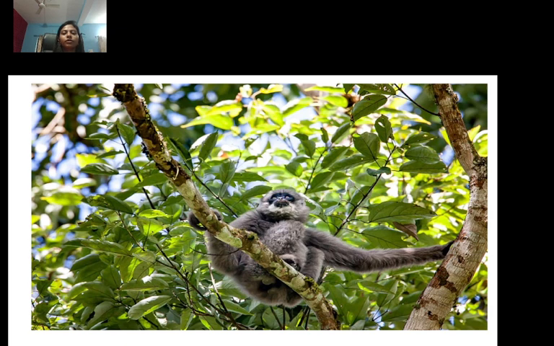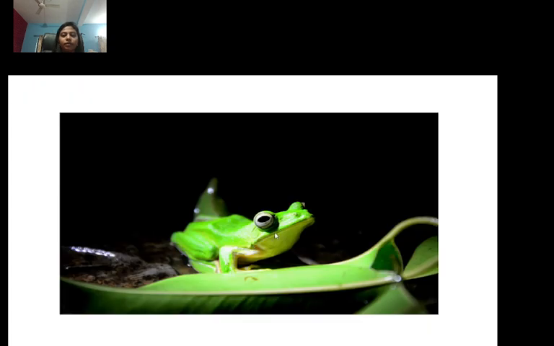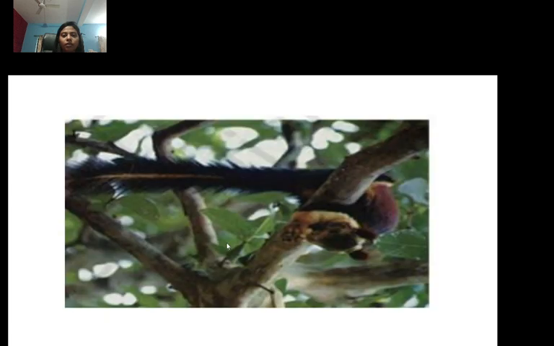Now please observe this image, students. What are you observing? Which kind of animal is this? Langur. Yes. What is this, students? Frog, green frog, right? What is this?